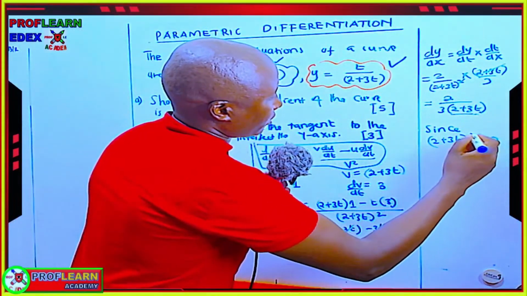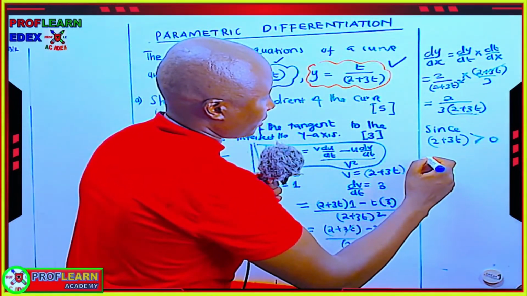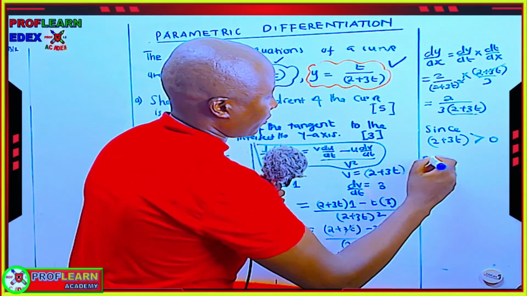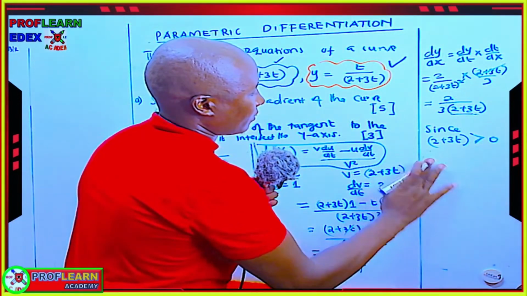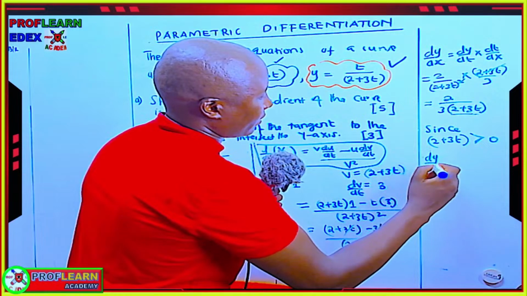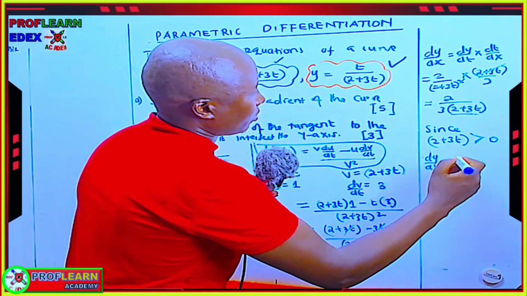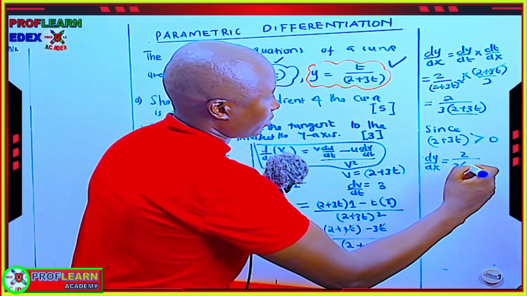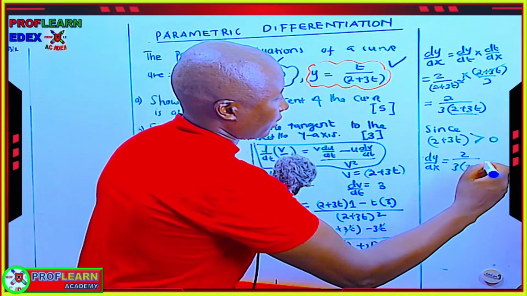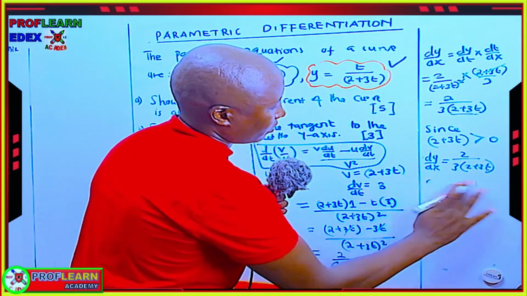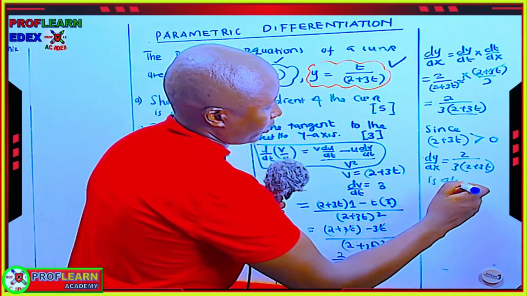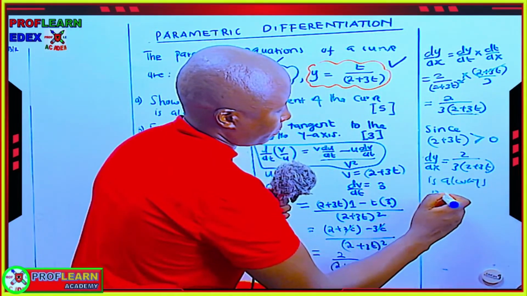Since this is positive, therefore dy/dx, which is equal to 2 over 3 times 2 plus 3t, is always positive.